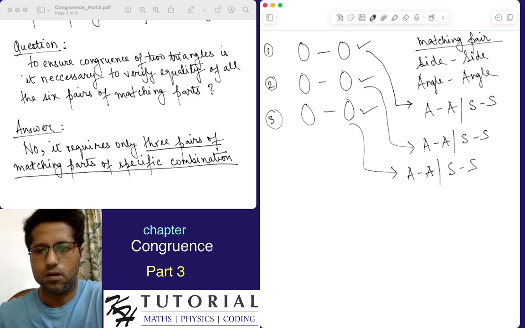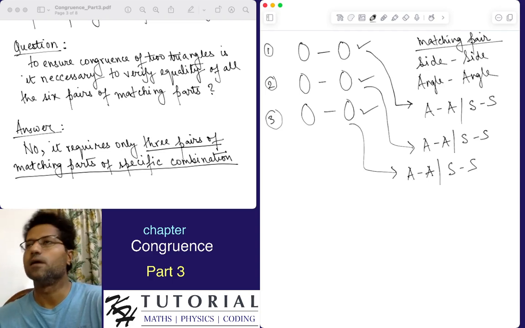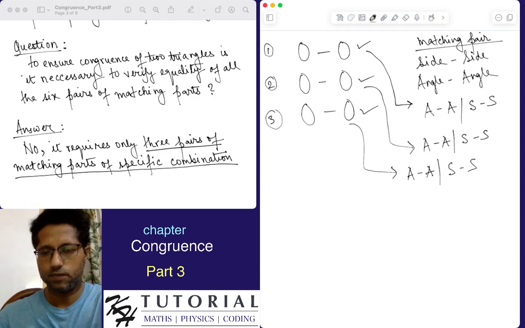Now, three parts that you are considering in a triangle in determining the congruency of the two triangles.